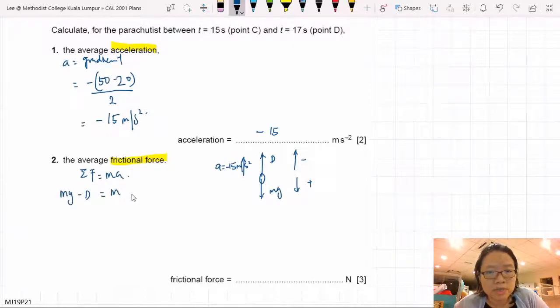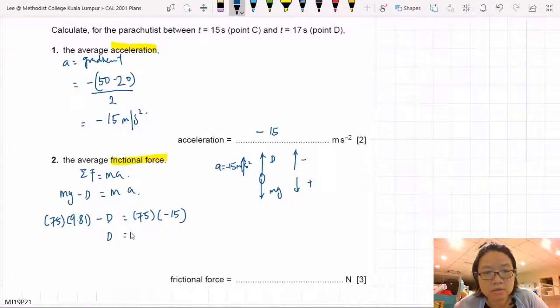So you just take mg minus d equals ma, and you can find d here, with a as negative 15, if we're treating up as negative, because the parachute has already opened, so your acceleration has to be upwards. Then you slow down as you fall downwards. Later I'll show you what happens if you flip the sign convention.